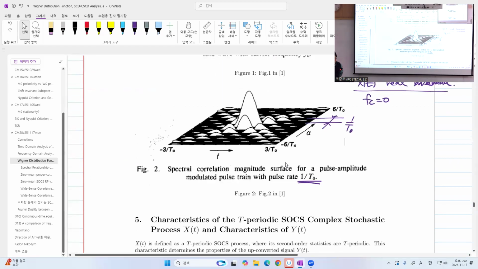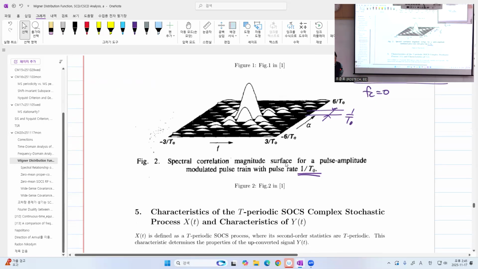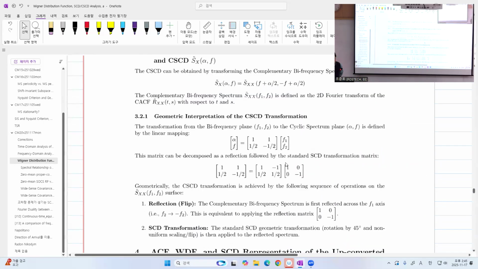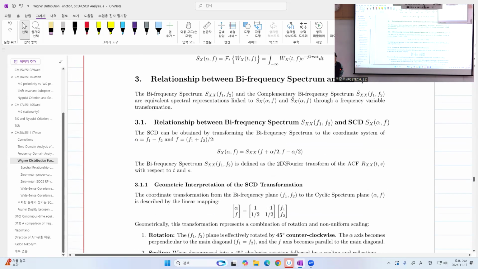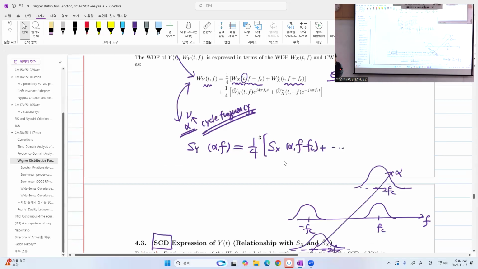Anyway, let's focus more on the cyclostationary assumption of x of t, and let's see what's going on. And you already know, you can read it.